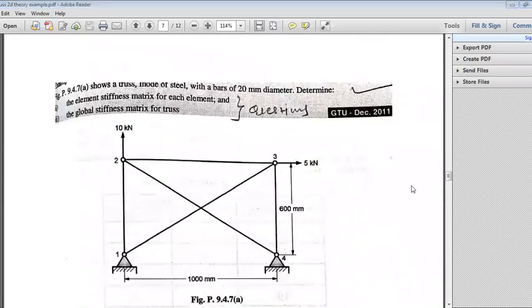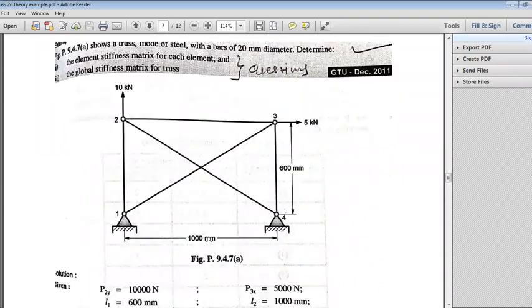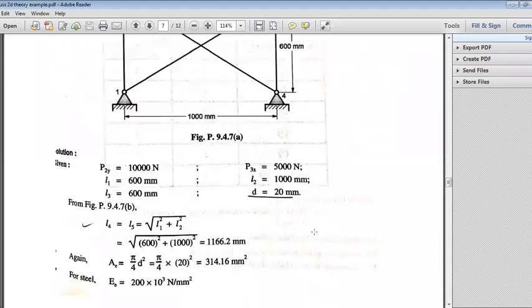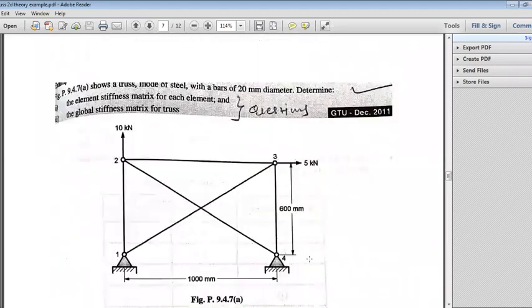Okay, now take this one example, a problem also asked in the GTU exam, right? So here you can see the number of elements and nodes. From the figure you can see that 4 nodes are there and the elements are 1, 2, 3, 4 and 5, right?